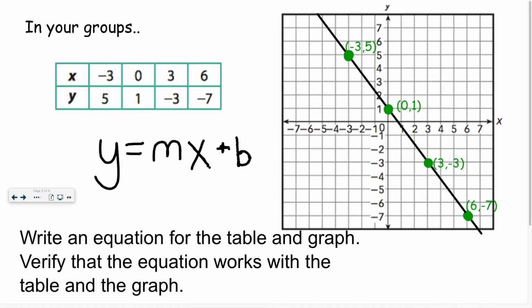And then I need you to verify that the equation you wrote works. Just like Mrs. Ibu showed us on the board, how did we verify that it worked? How did we check that?